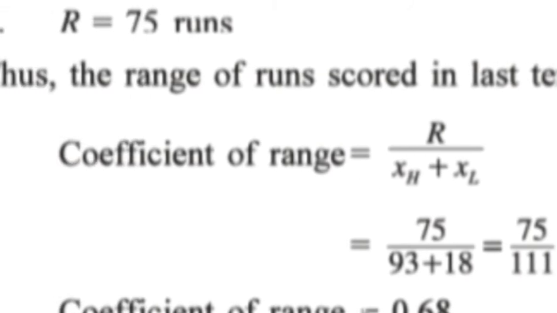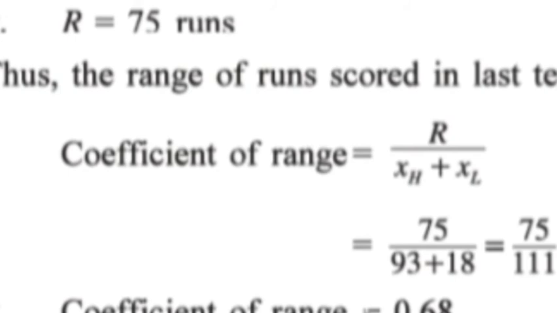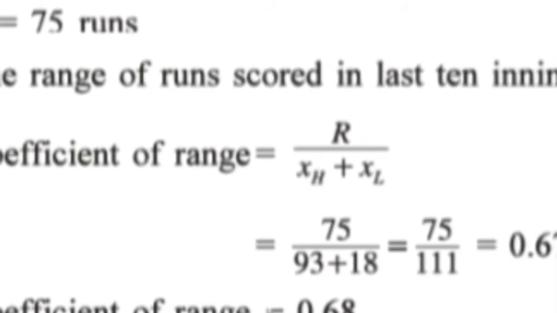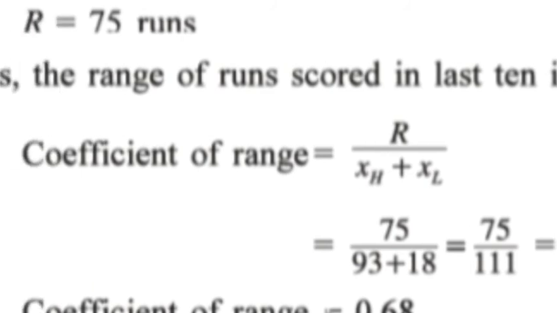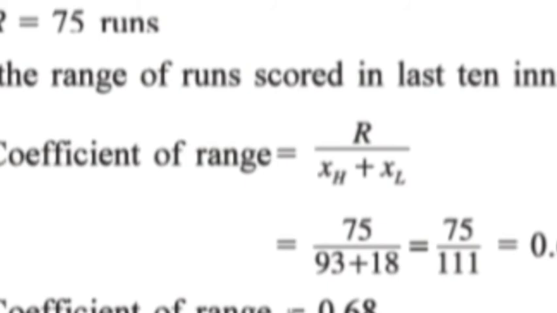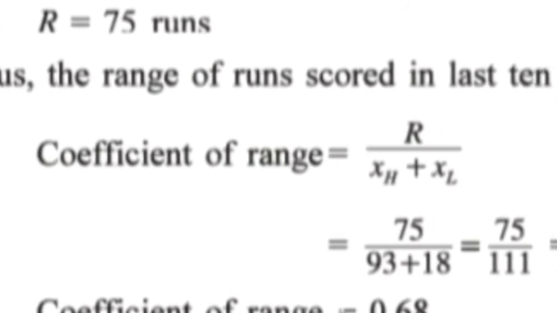What is the highest value over here? The highest value you would find is 93, and if you see the data, the lowest value is 18. So range is XH minus XL, that is 93 minus 18, which will give you 75. So what is your range over here?